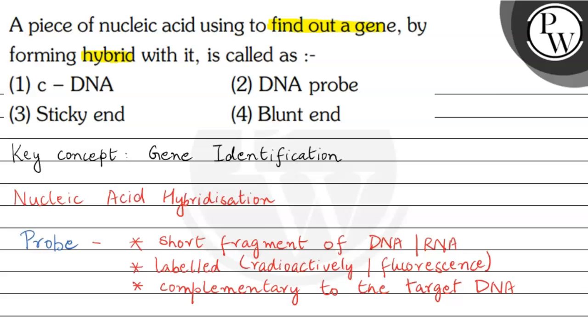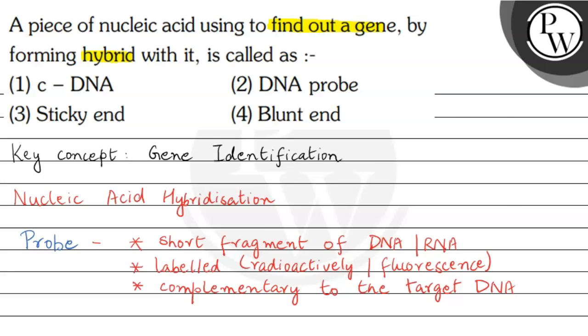And this sequence is known as the target DNA sequence. Now the probe will have a sequence which is complementary to that target DNA sequence. Now this complementarity is necessary so that the probe can hybridize with the target DNA sequence. So that is what is nucleic acid hybridization.